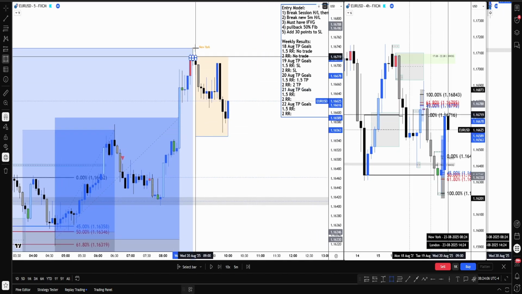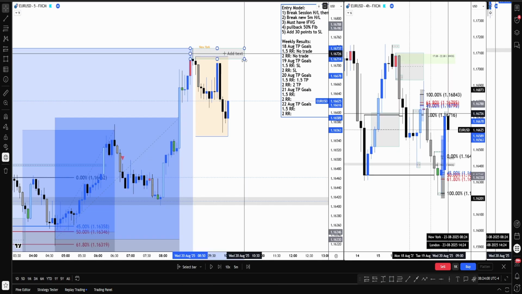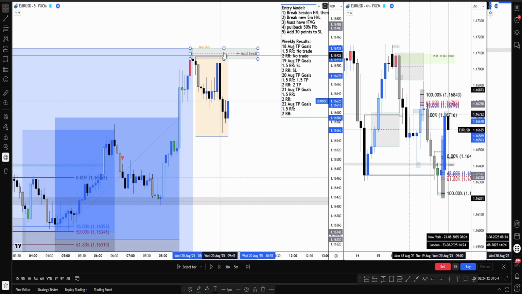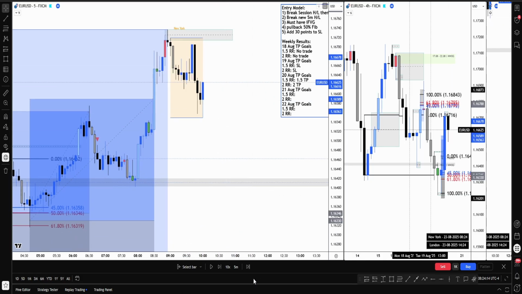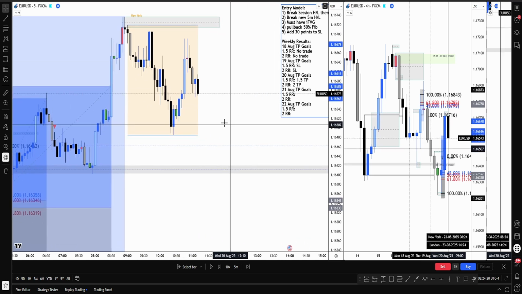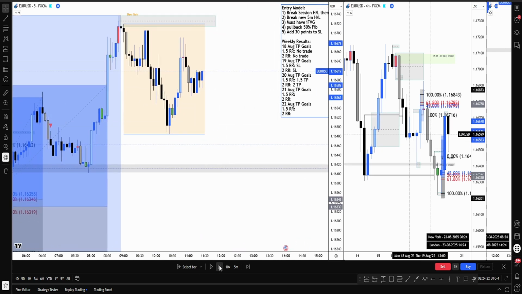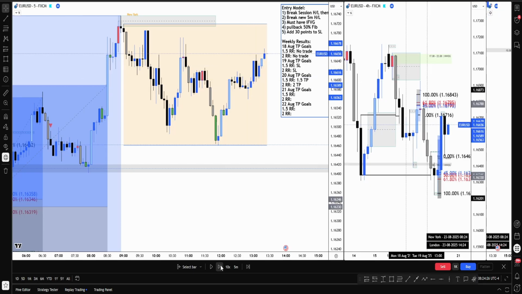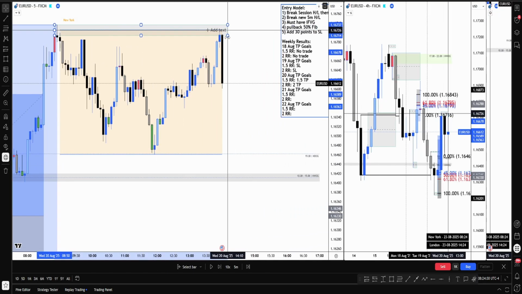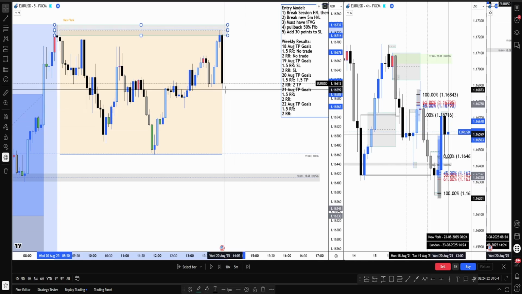So this is the high of the London session. As price moved down, did it touch this high of the New York? No, it didn't. Let's move forward. Did it touch the high? No, it didn't. Let's move forward. Price went down. Did it touch the high? Yes, it did.